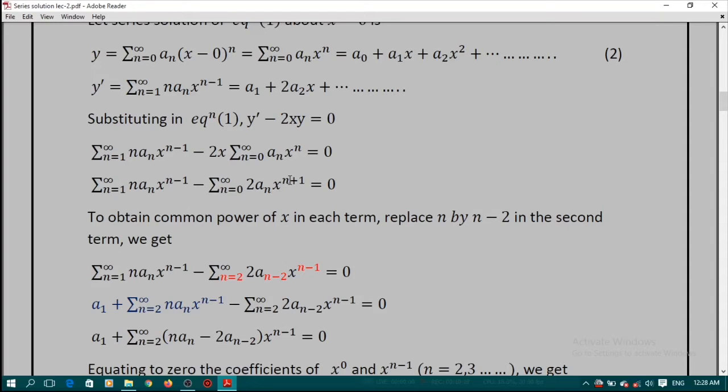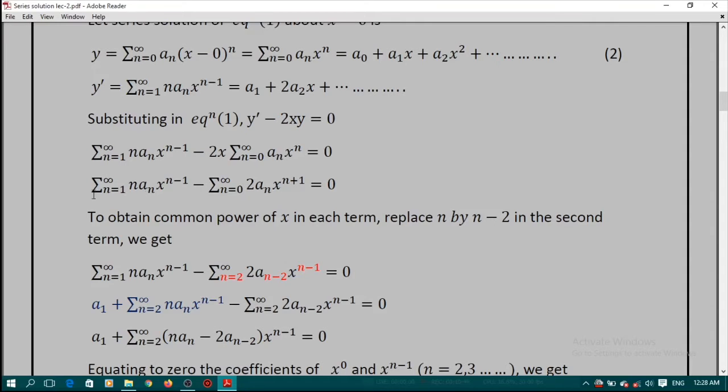So right now we can't merge them. First we try to make the power of x common. To obtain a common power of x in each term, replace n by n minus 2 in the second summation. The first summation remains as it is.